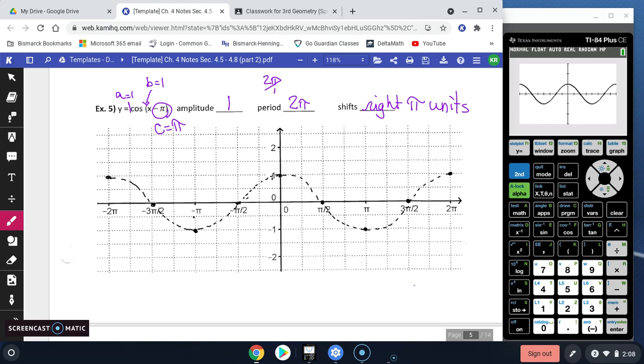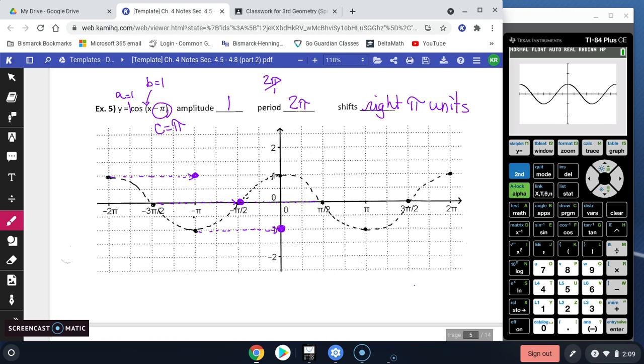This point at -2 pi and 1 gets shifted pi units. So it gets shifted all the way over to there. Then this point at -3 pi over 2 and 0 is going to get shifted to here. This point down here at -1, shift that over pi units. It gets shifted to there.